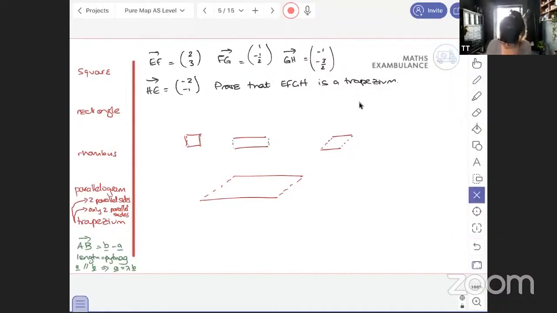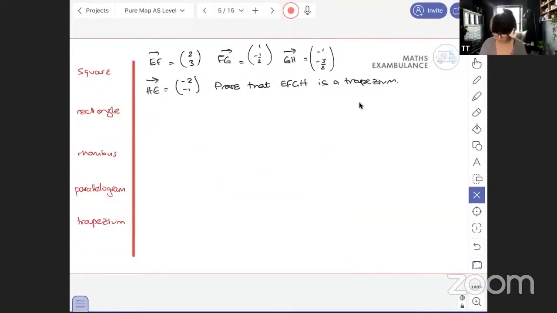Let me see if I can get rid of everything, sorry, by doing this, but it's going to be easier than rubbing out because the iPad has a bit of a flip if I try to rub out. Okay, so let's draw our little picture. We've got E to F, let's draw it like that, E, F. And then we've got F to G. I don't know which ones are parallel yet, so I don't know what it looks like.